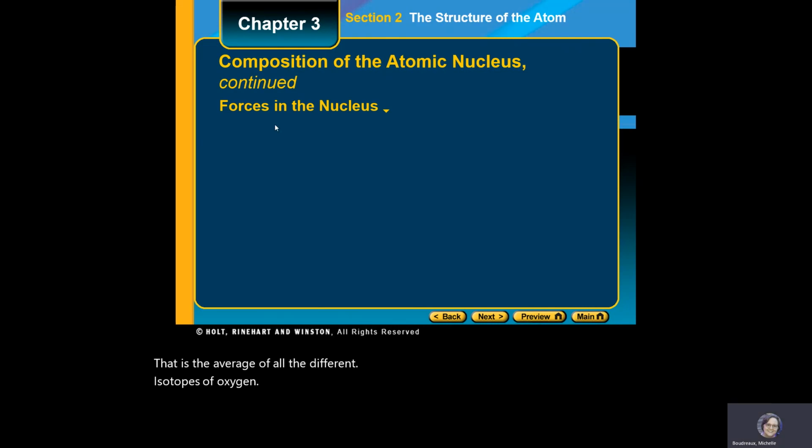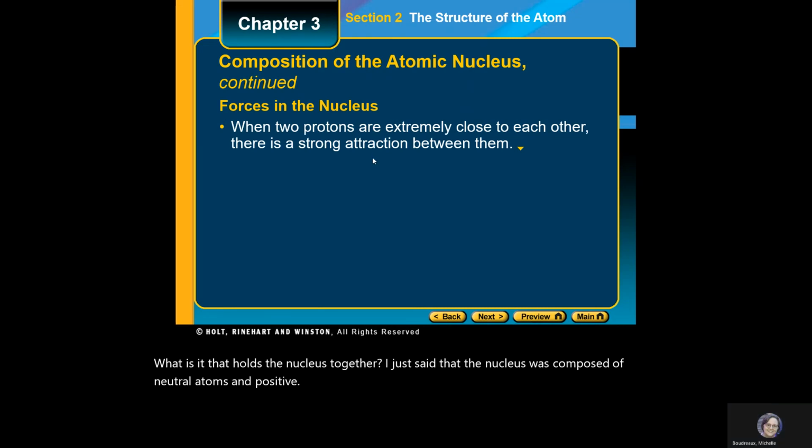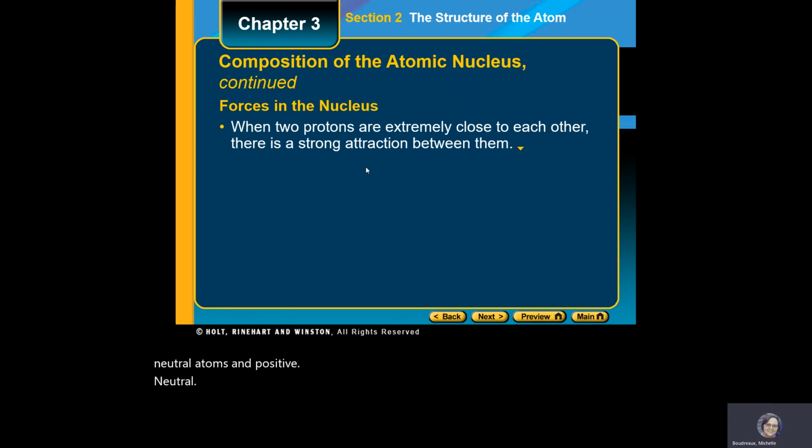What is it that holds the nucleus together? I just said that the nucleus was composed of neutral particles and positive particles. Positives should repel each other. So what's going on?